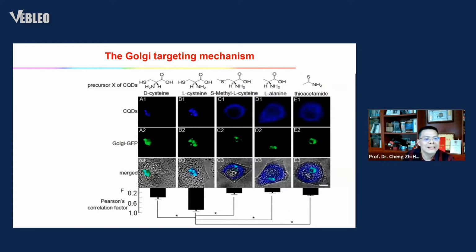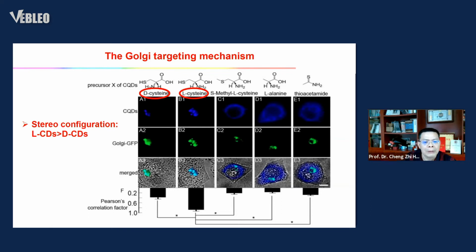In order to understand the mechanism of this energy-dependent process, we prepared different types of carbon dots by using different precursors. At first, we considered the stereo configuration. It could be found that the L-type carbon dots were much easier to target the Golgi than D-type carbon dots, indicating that the chirality of the carbon dots strongly influences the targeting ability.